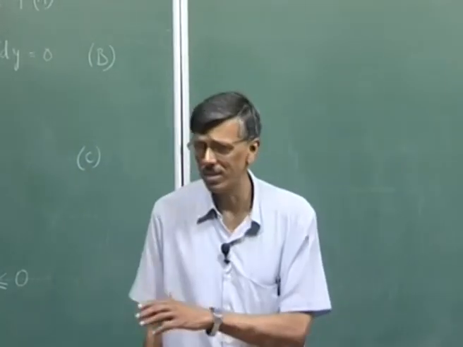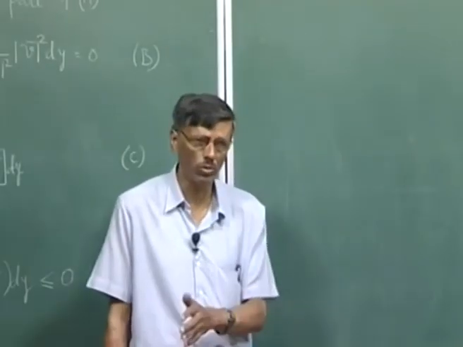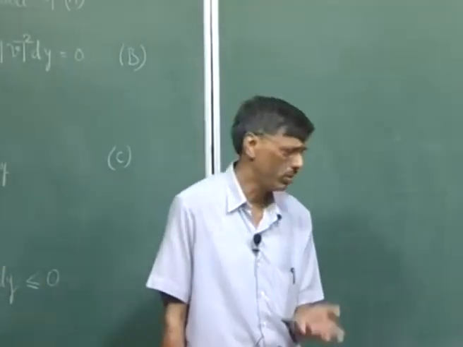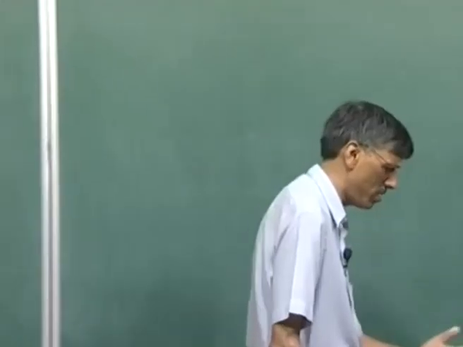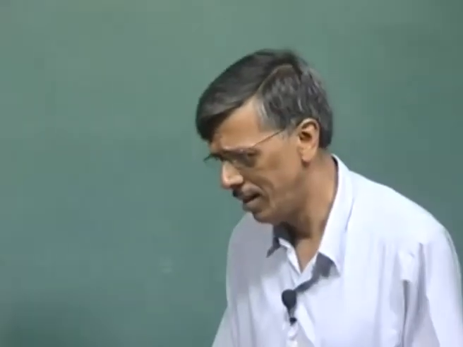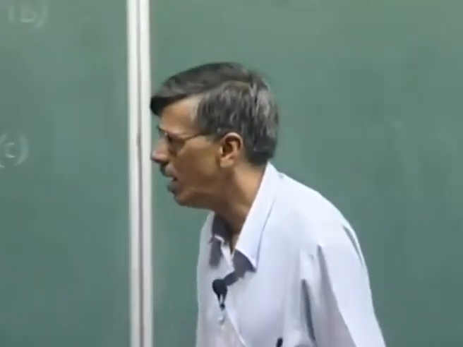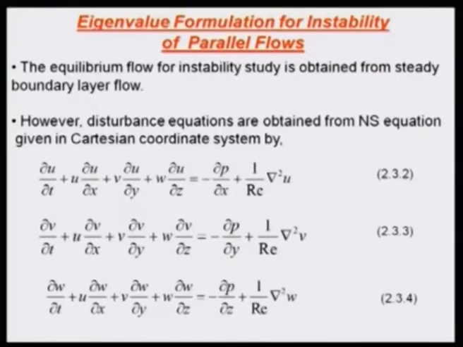For some cases, it does show good effects. You can use linear stability theory, but in another major subclass you cannot do that. So, we'll come to that at a later stage, but let us now go ahead and rederive those equations depicting the stability or instability of the parallel flow.